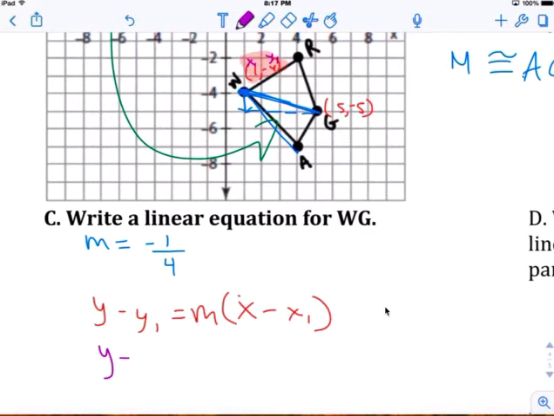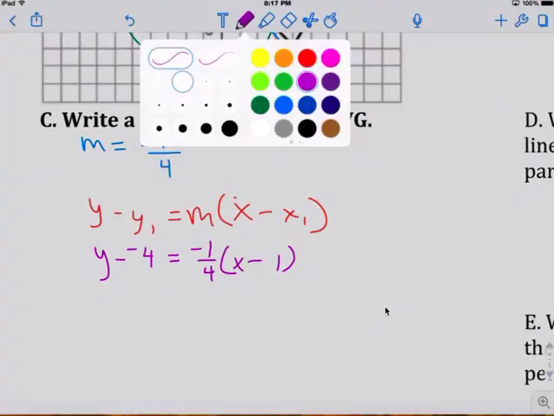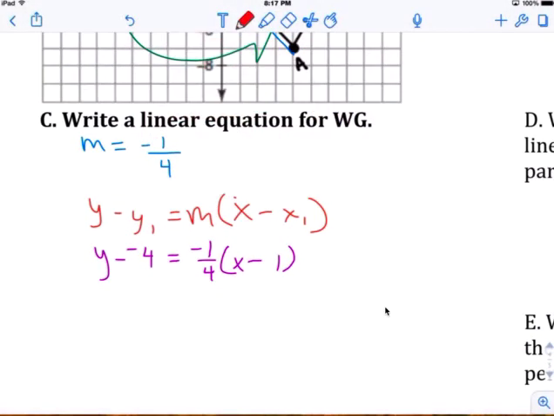Y minus y1, which is negative 4, equals m, which is negative 1 over 4, times x minus x1, which is 1. Y plus 4 equals negative 1 over 4 x.